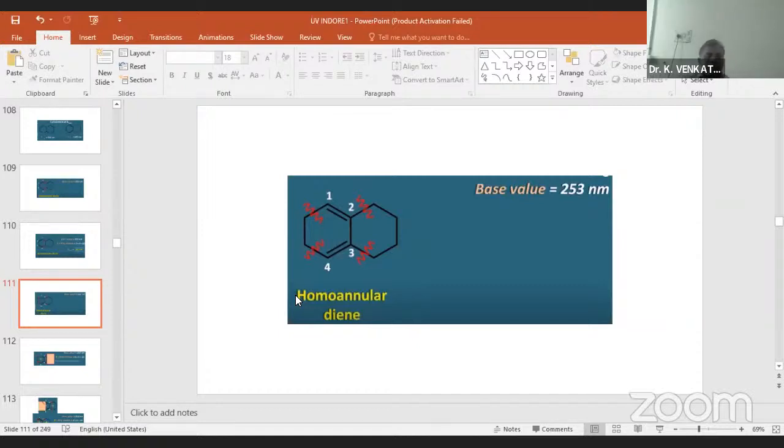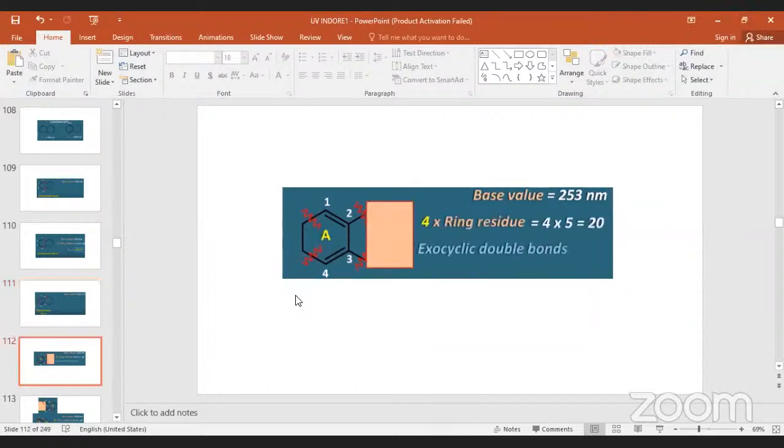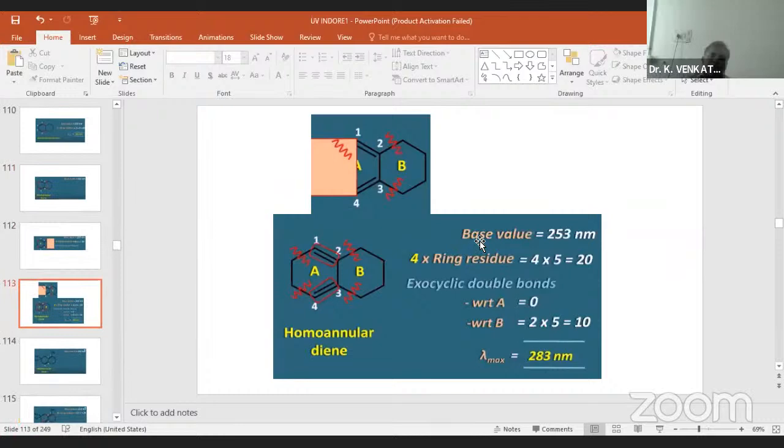So what is the lambda max value? 283. Yes, ma'am. The base value is 253, 4 ring residues are present, and for the exocyclic double bonds, with ring A no exocyclic double bond, with ring B 2 exocyclic double bonds are present. So the total is 283 nanometers.